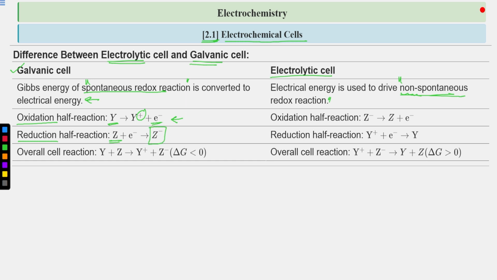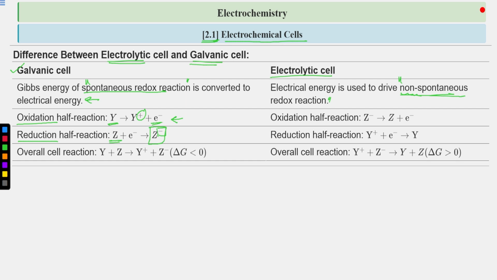Here we have the reduction half reaction in which Z is gaining one electron, adding one electron into itself and converting to Z negative, right? So Z plus electron equals Z negative. Why negative charge?